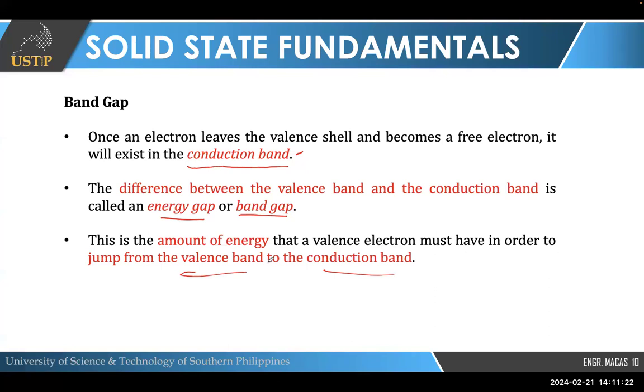It's more macro. It talks about the whole material, the amount of energy needed so that the electron can conduct. Again, that's the amount of energy needed to jump from valence to the conduction band.